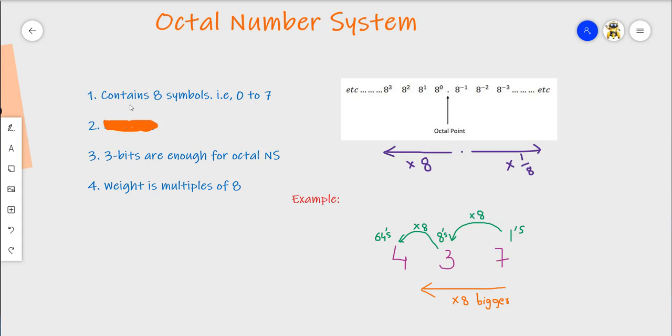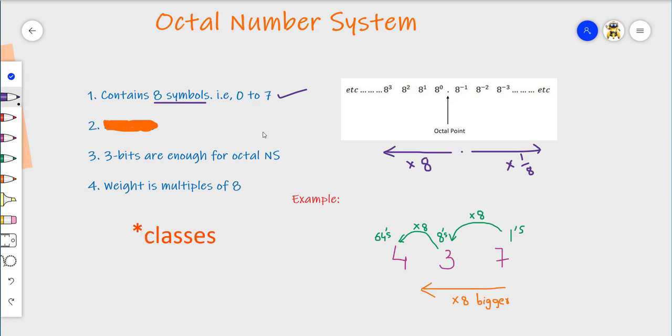So starting off with the octal number system, as you can see, the octal number system uses 8 unique symbols, or you can also call these symbols digits, which you have been addressing over the past few days.